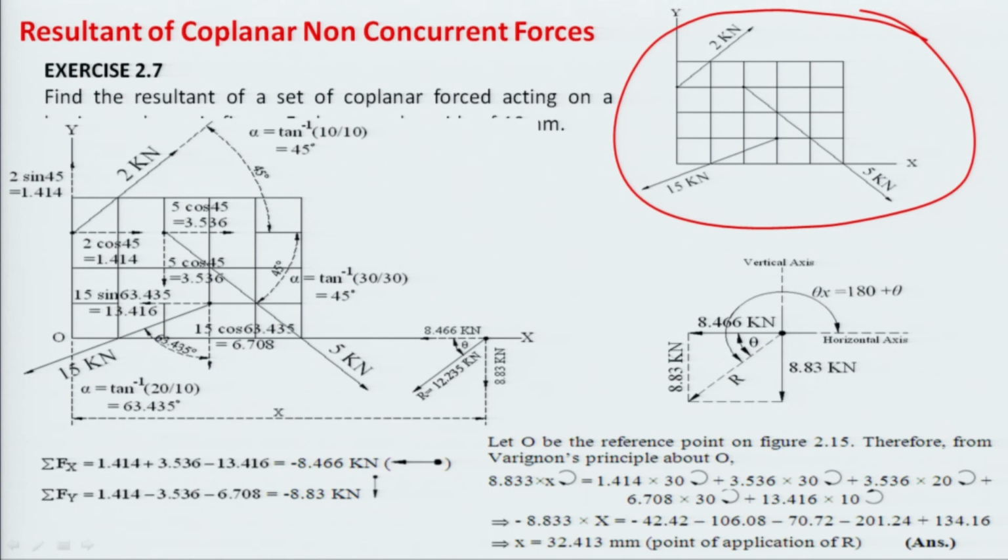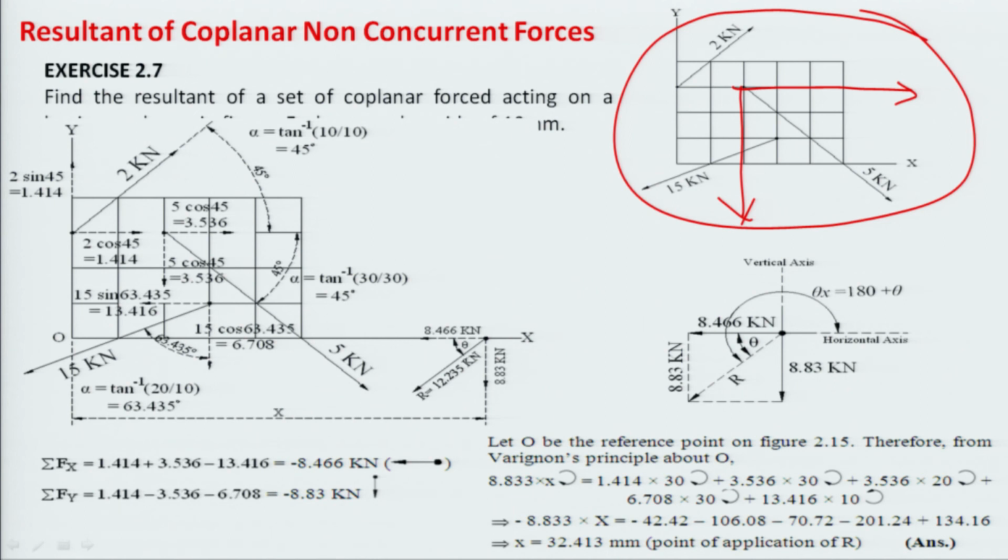So, what will be the steps to find the resultant of this force system? First step is to resolve the forces. The 5 kilonewton force will be resolved in this direction. What are the values?